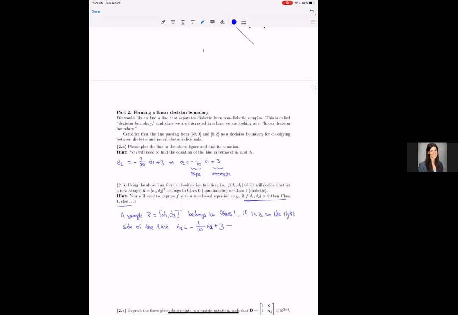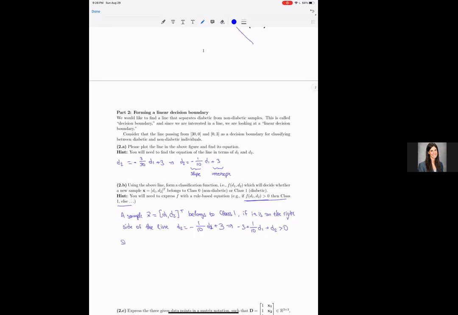Or if we were to put that in a function-based form, it would be that minus 3 plus 1 over 10 d1 plus d2 is greater than 0.